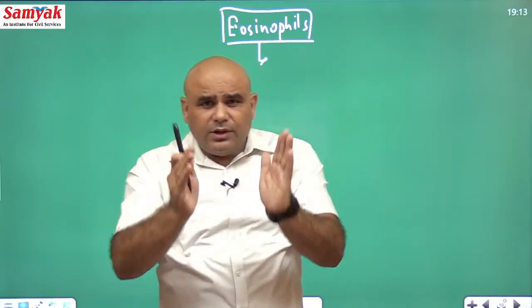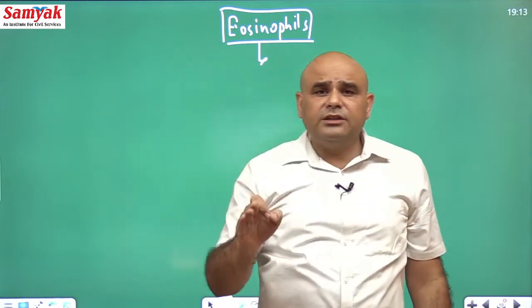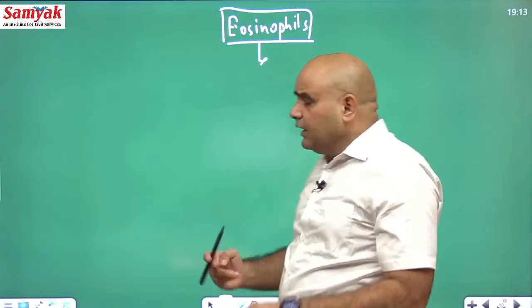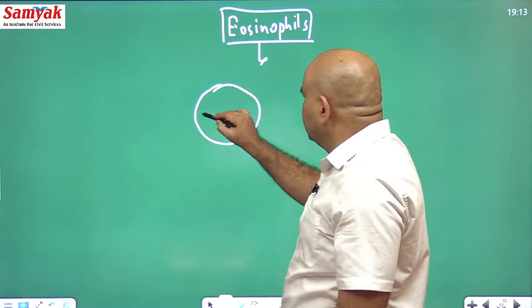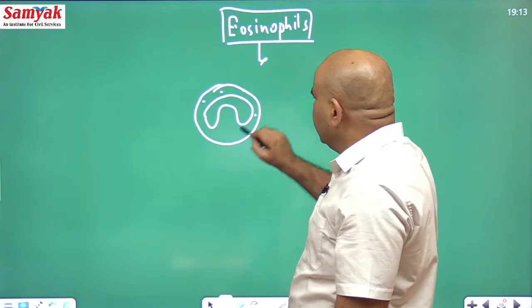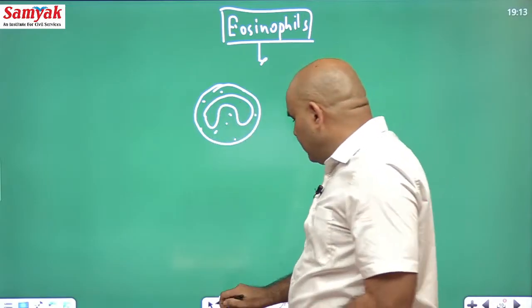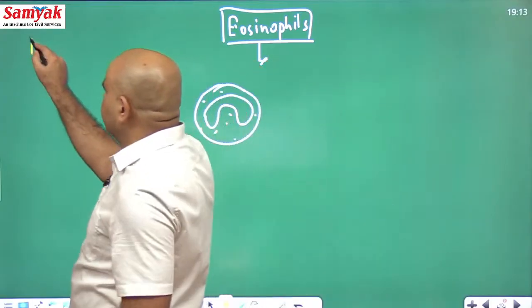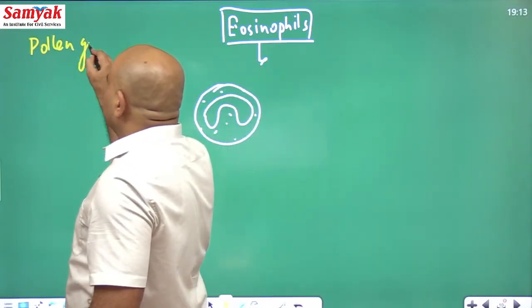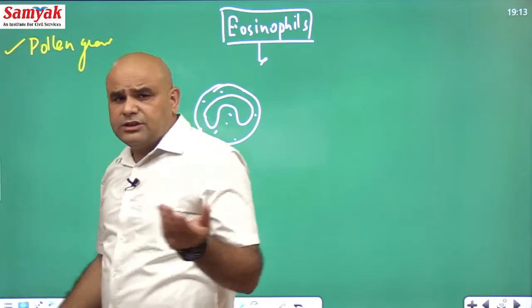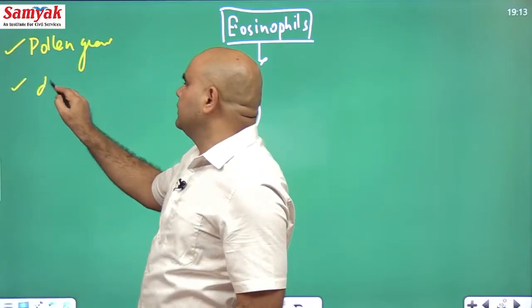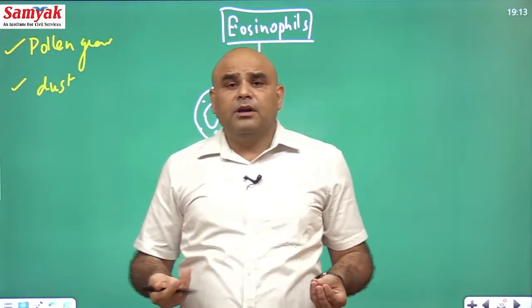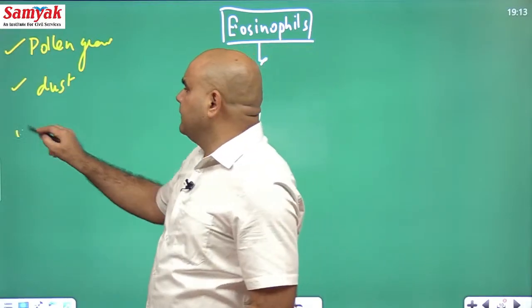Just remember that that patient is suffering from hyperactivity of eosinophils. These are eosinophils, just imagine, and there are granules of eosinophils. Now any patient who is allergic to, for example, pollens. Many of you are allergic to pollen grains, many patients are allergic to dust, and many to other factors. For example, I am allergic to artificial fragrances.